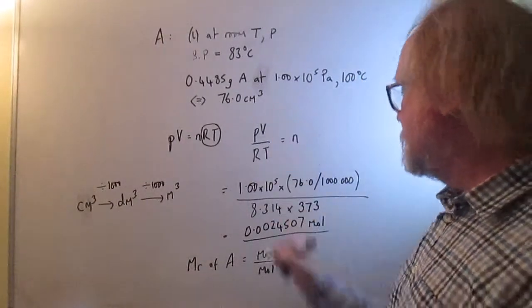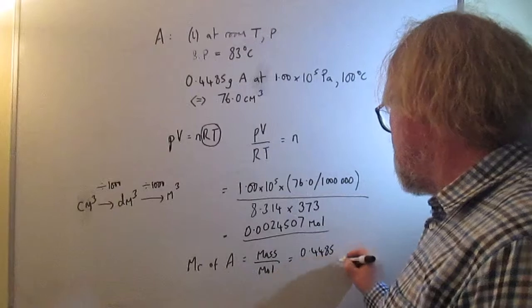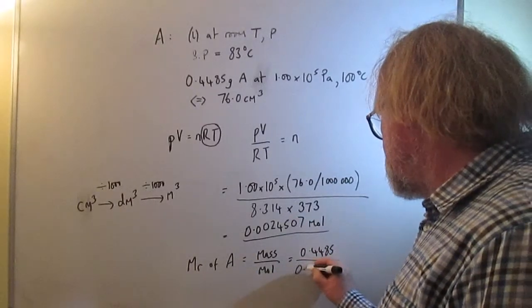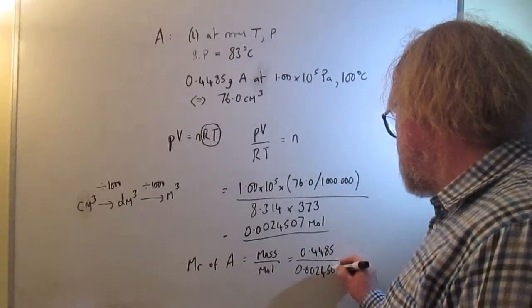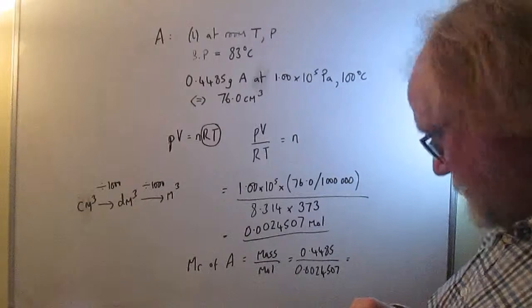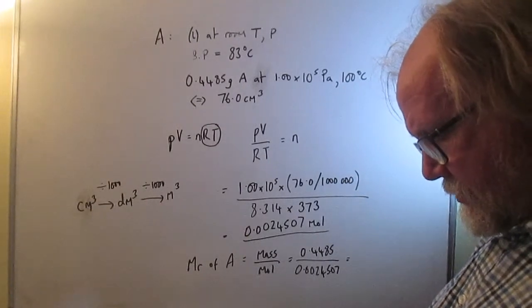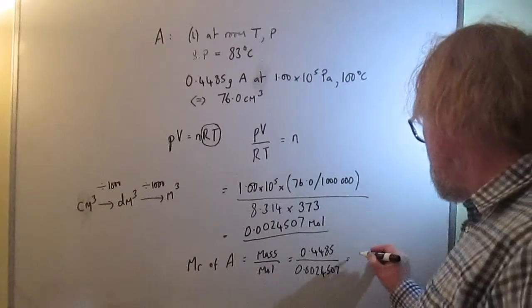So that's 0.4485 divided by that number of moles, so divided by 0.0024507. And if we crunch that, we get 183.0.